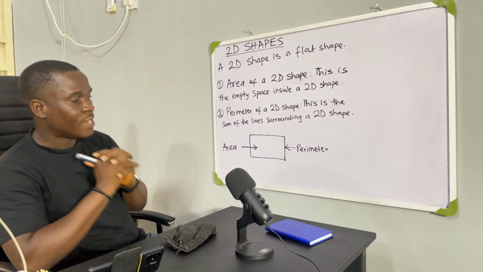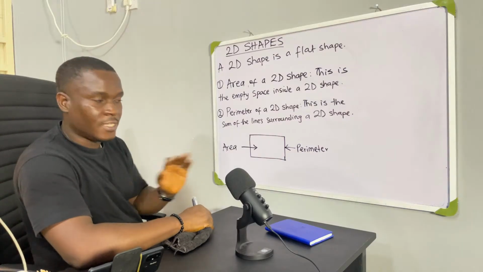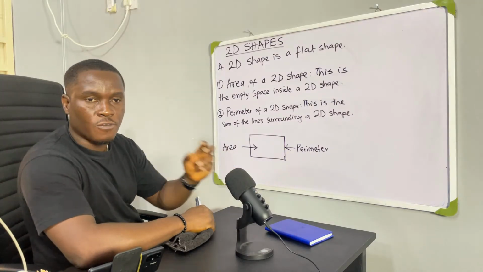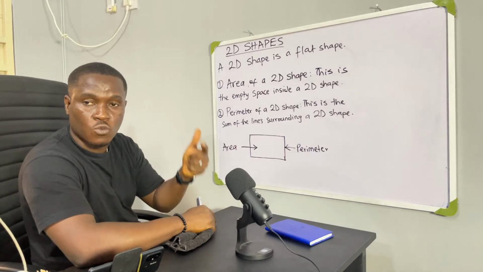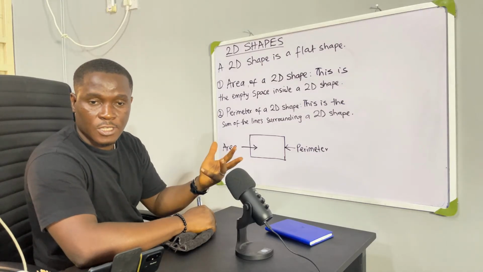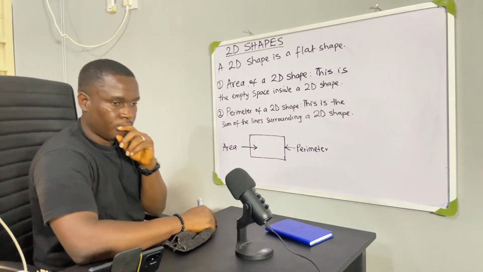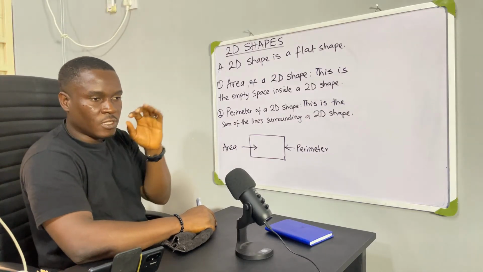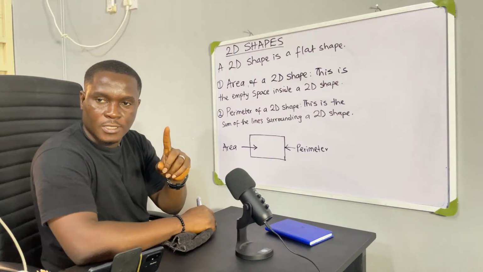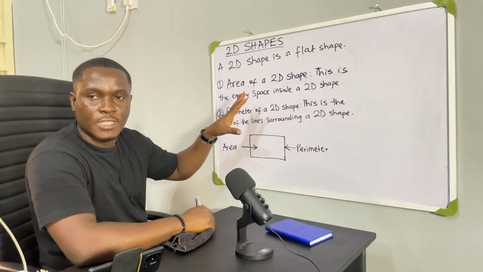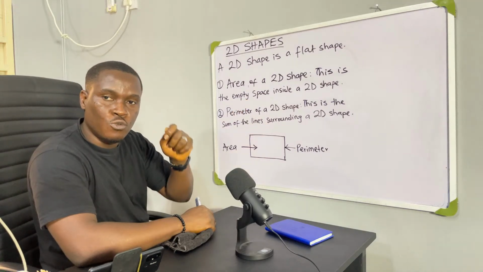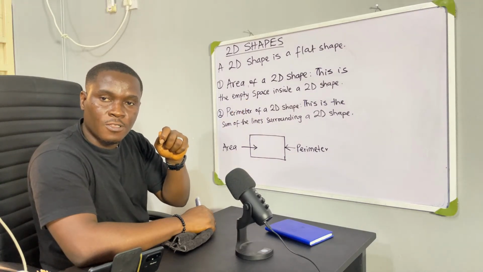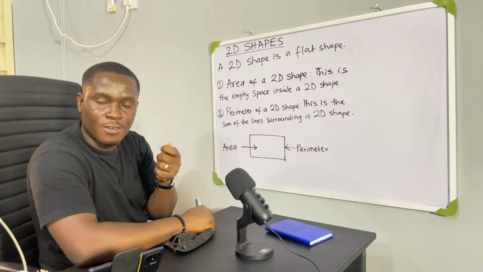Good. So now we're going to see how to calculate the area and the perimeter of these four 2D shapes we've mentioned earlier: the rectangle, the square, the triangle, and the circle. But the formulas are very important. You know, I gave you a question on calculating the area of a triangle, and you used the wrong formula.